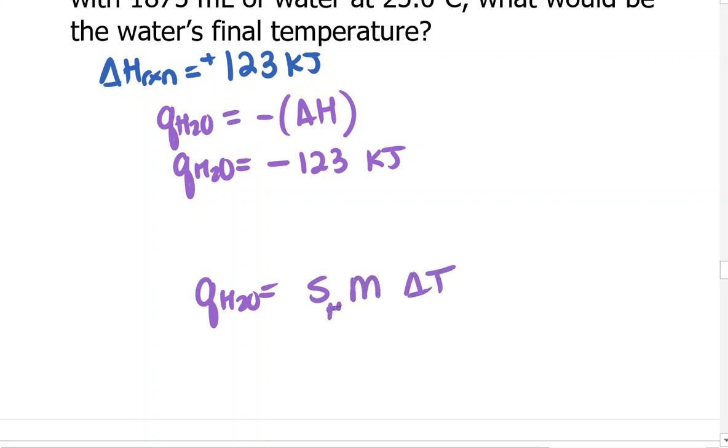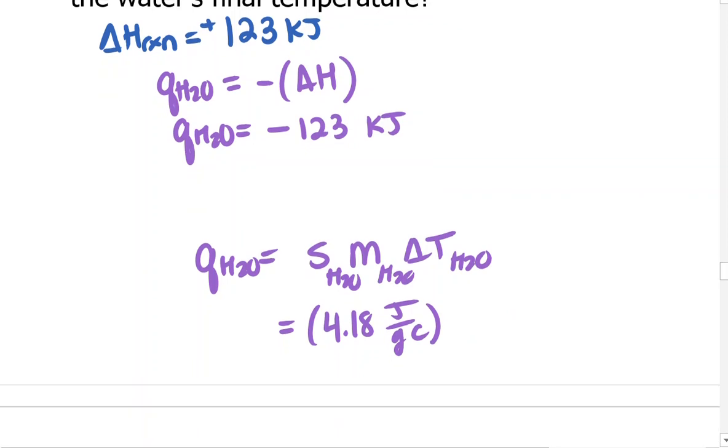for the water. And we need to make sure we put in the numbers for the water here. The thing is when we do this equation, the specific heat is in joules per gram degree C. And so that means that we need to have this Q in joules and not in kilojoules.